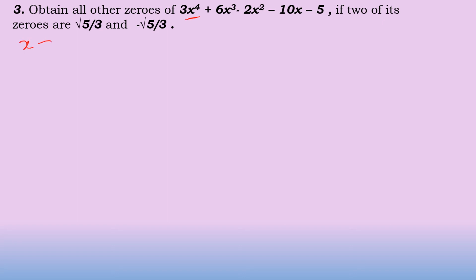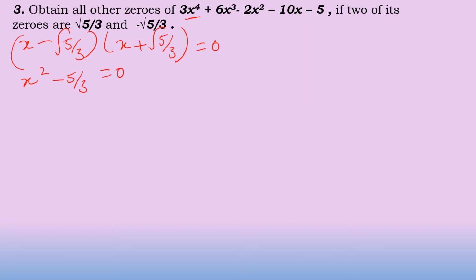x minus root 5 by 3 into x plus root 5 by 3 is equal to 0. So you get x square minus 5 by 3 equal to 0, which is equal to 3x square minus 5 is equal to 0.